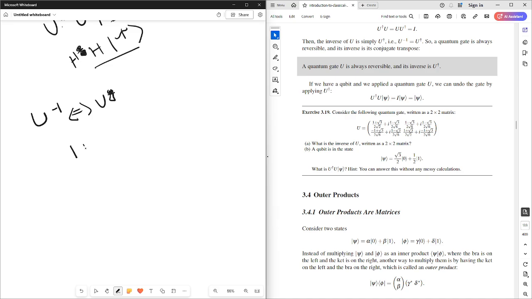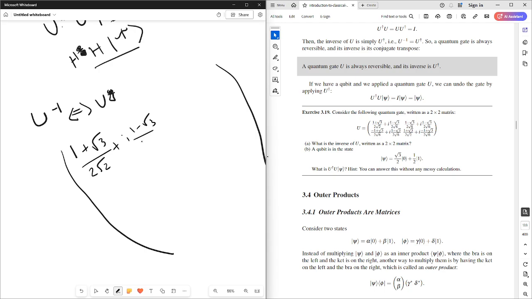So we've got 1 plus square root, we'll do the transposition first. So we've got 1 plus square root of 3 over 2 square roots of 2 plus i times 1 minus square root of 3 over 2 square roots of 6. These two are going to switch places because we're taking the transpose.